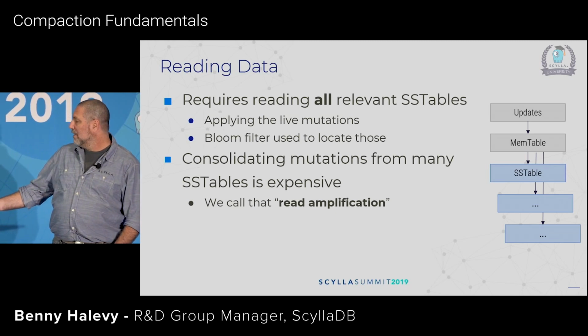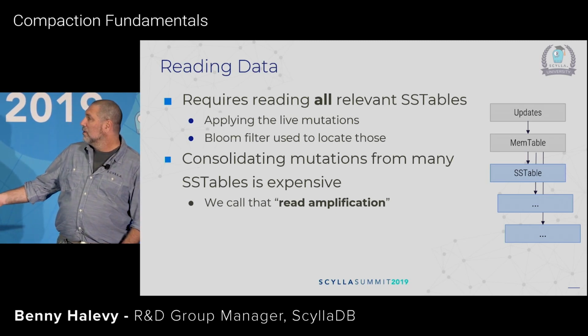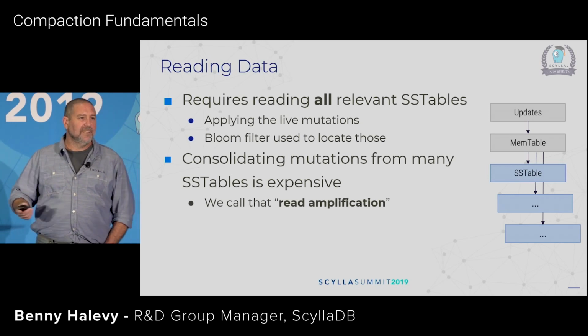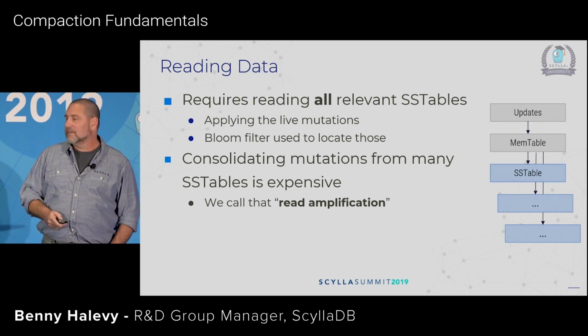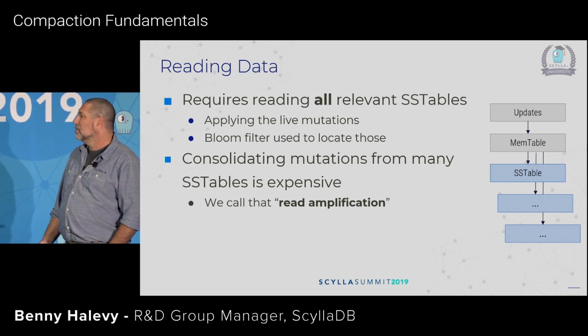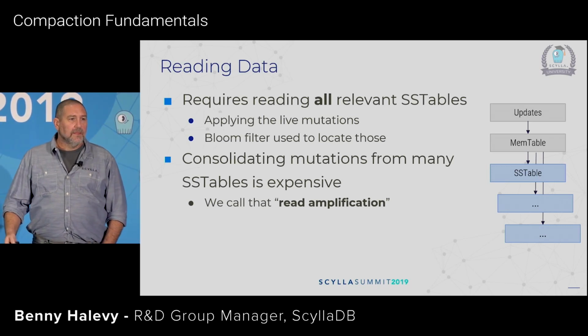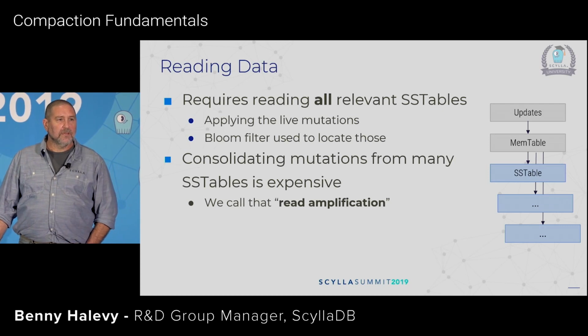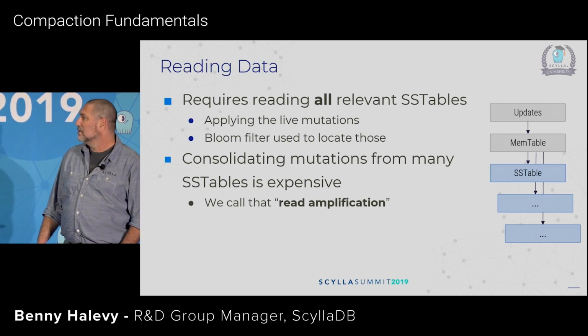And then we apply those live mutations, those mutations that are not TTL'd or not overwritten by other mutations. We apply them onto our cache, and that's the way we get the final form of the cells, rows, partitions, and so on.